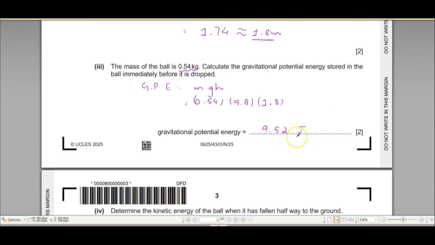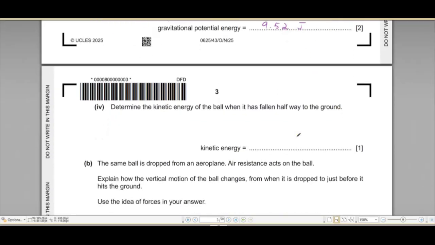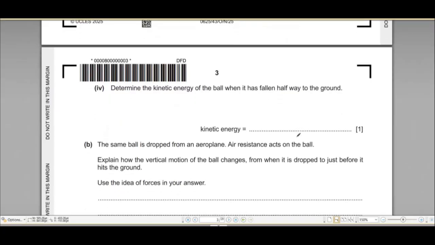So moving forward, fourth part, determine the kinetic energy of the ball when it has fallen halfway to the ground. So we've just taken out gravitational potential energy to be 9.52 joules. And we know that according to the law of conservation of energy, energy can neither be created nor destroyed.